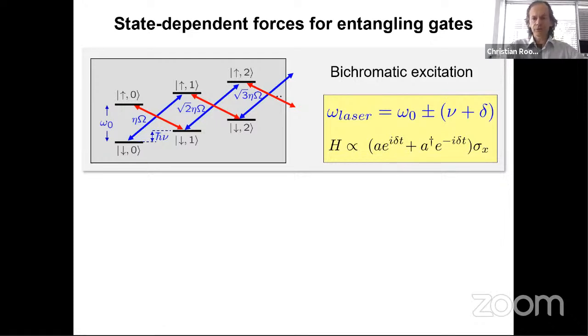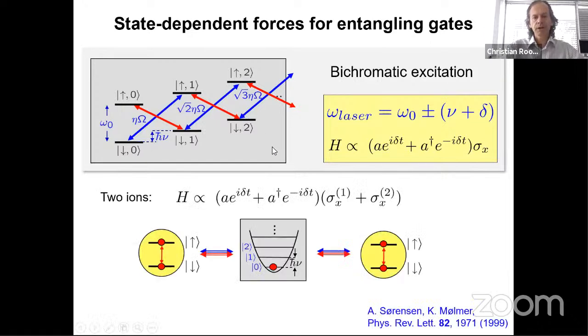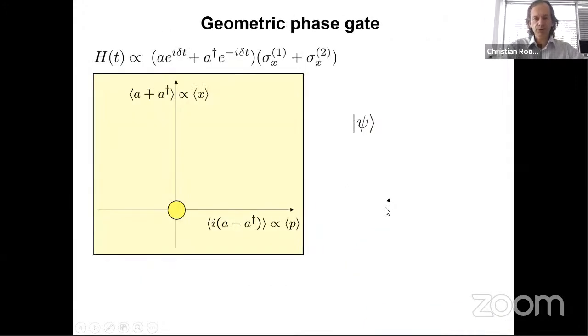But you also have this operator sigma x, which means that the coupling that you have now depends also on the electronic states of the ions. And importantly, if you have this Hamiltonian that you apply to two ions at once, you can have different kinds of couplings depending on the internal states of both ions. And that is what I want to show you here.